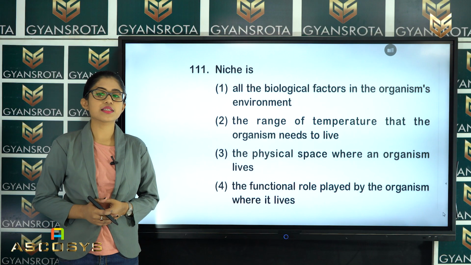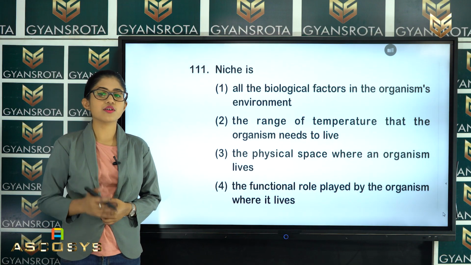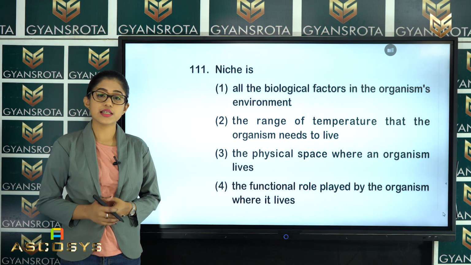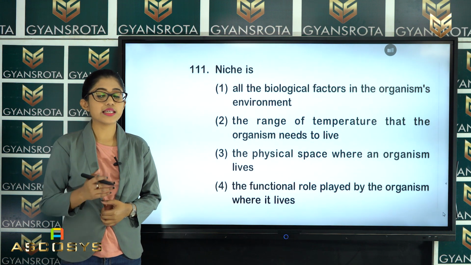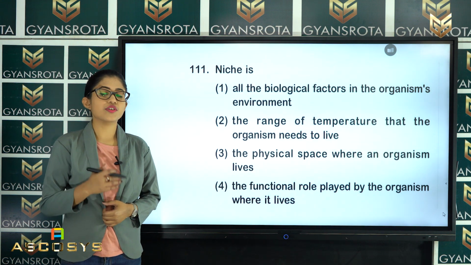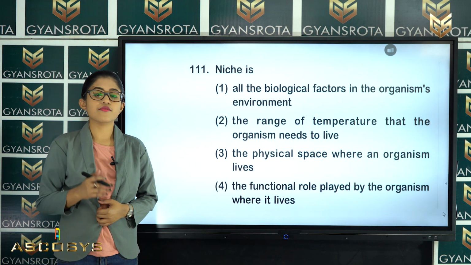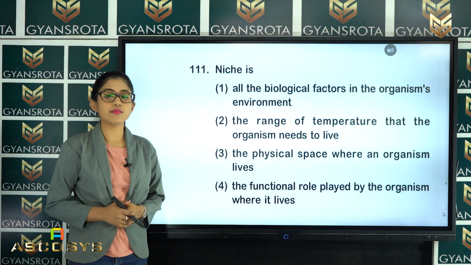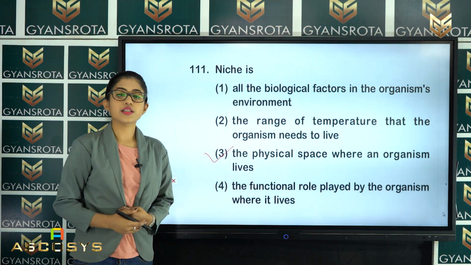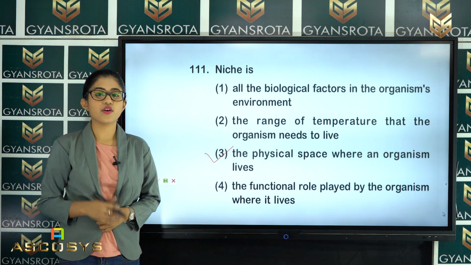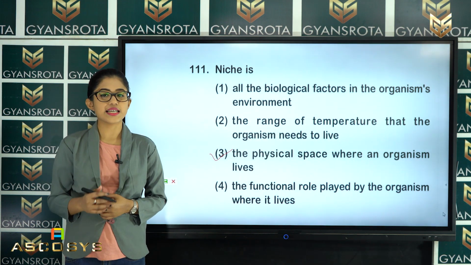So, which among them is the correct option? We have already got this term, ecological niche, in the chapter organisms and populations, right? So, which among them is the correct option? That is option number 3, the physical space where an organism lives. So, this is the correct answer for this question. Now, let us see the next question.